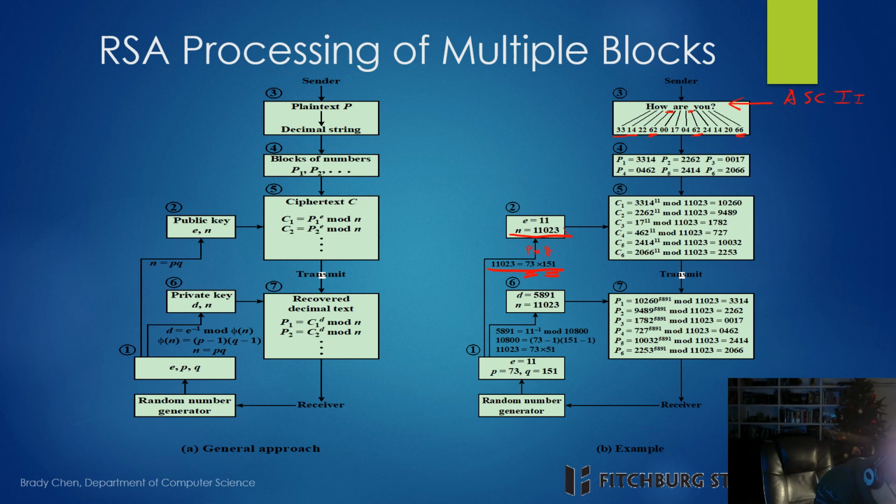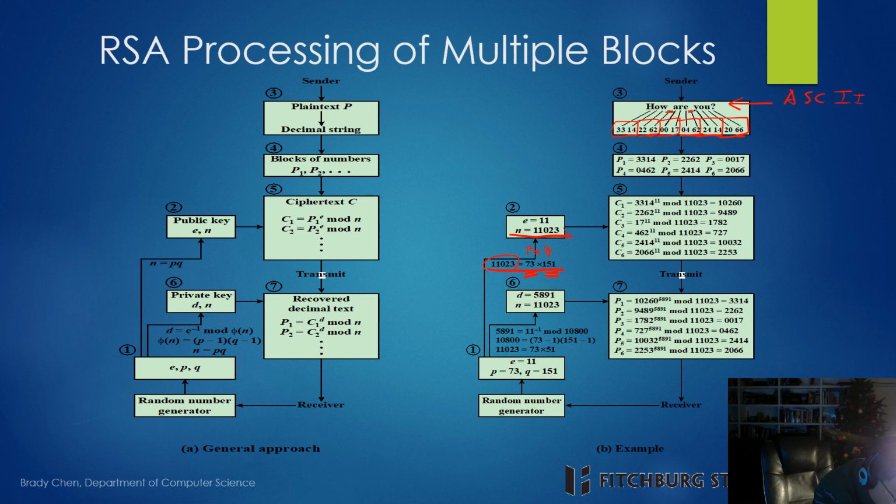Now p times q gives this number, which is definitely bigger than any of these numbers. It is 5 digits, so it's bigger than any combination of these numbers. So we can combine these two numbers, combine these two, and combine these two, and then split this whole message into a couple of blocks.